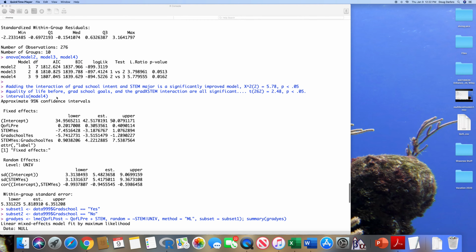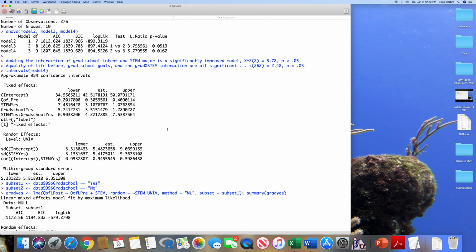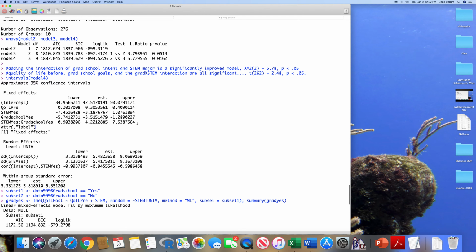So, guys, we left off the previous video with this intervals command. And again, I hate to be redundant, but sometimes with very, very important stuff, it helps to be redundant. This part right here, the confidence intervals for the fixed effects really don't tell us anything about statistical significance, but they do give us added information about the variability of our estimates.